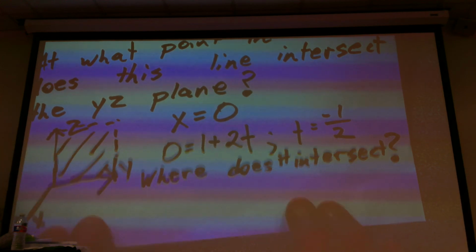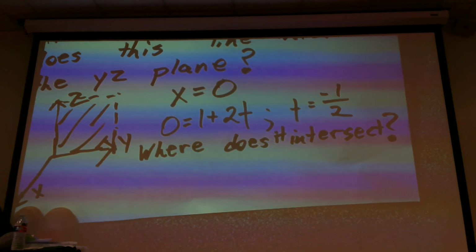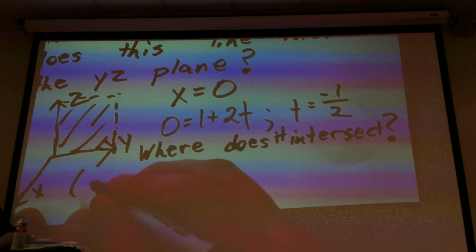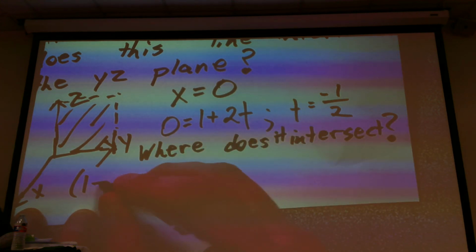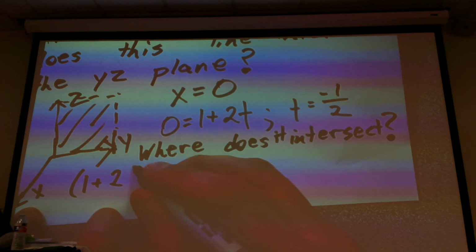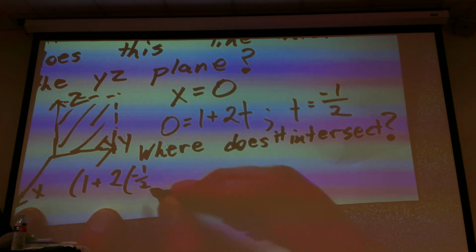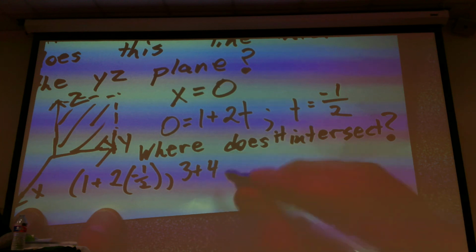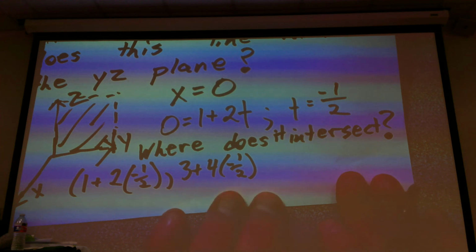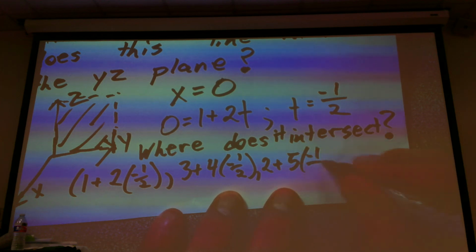So what do we get from this? Well, I already know that X is 0, but I might as well just go ahead and plug it in. We plug in the point in time, t equals negative 1 divided by 2. X equals 1 plus 2 times negative 1 divided by 2. Y is 3 plus 4 times negative 1 divided by 2. And Z is going to equal 2 plus 5 times negative 1 divided by 2.